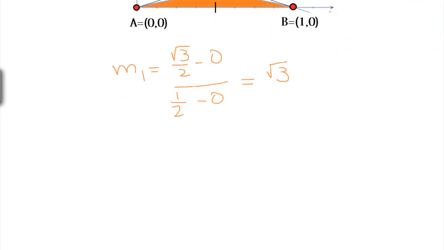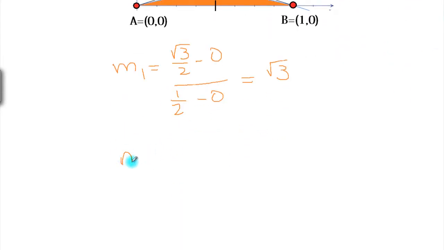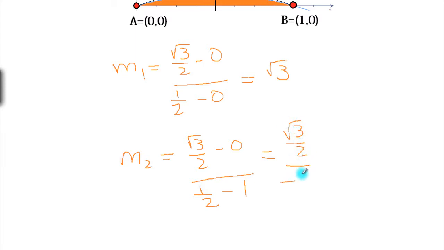By the same reasoning, M2 is (square root of 3 over 2 minus 0) over (1/2 minus 1), right, which is the point B. So this is going to be square root of 3 over 2 over minus 1/2, which is minus square root of 3.